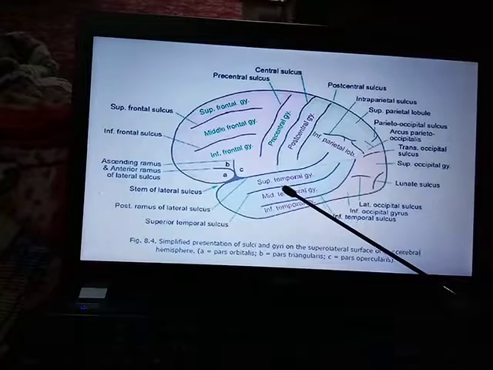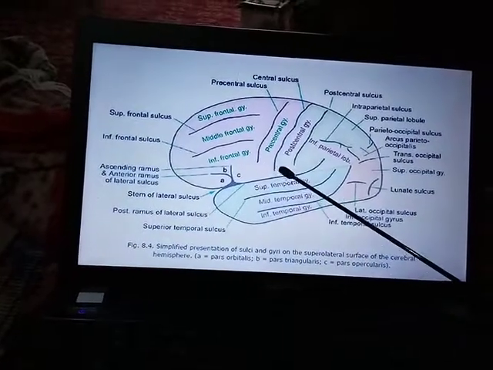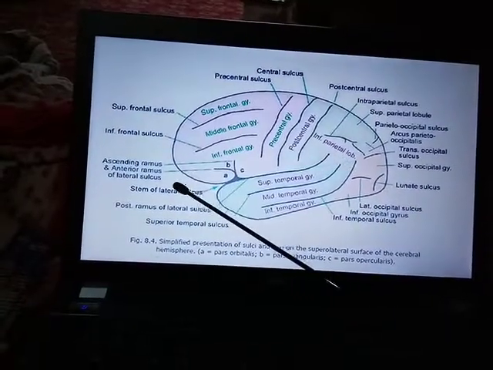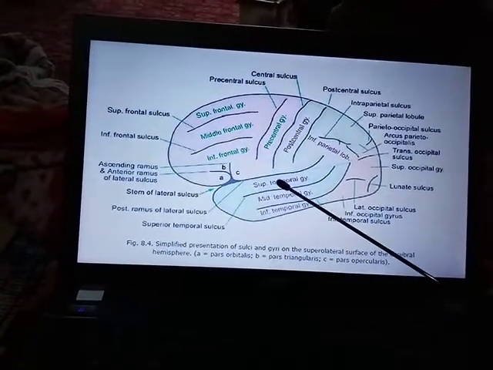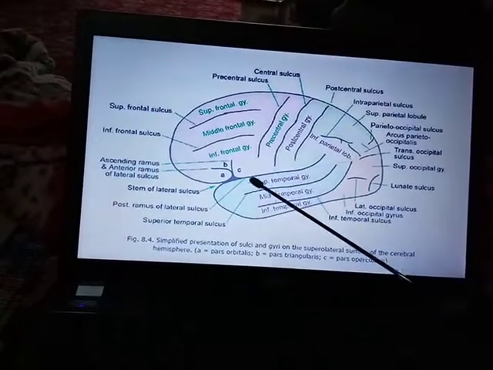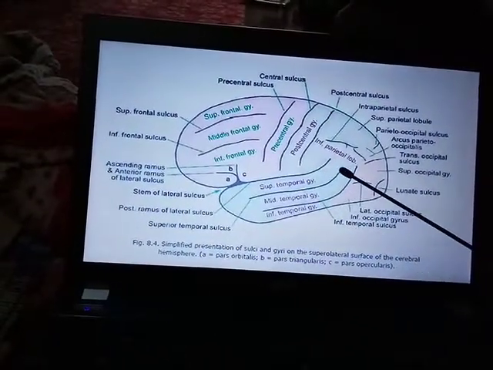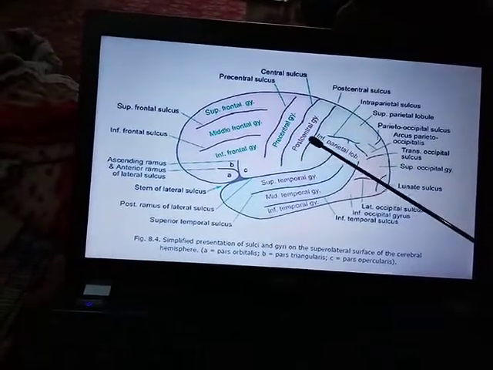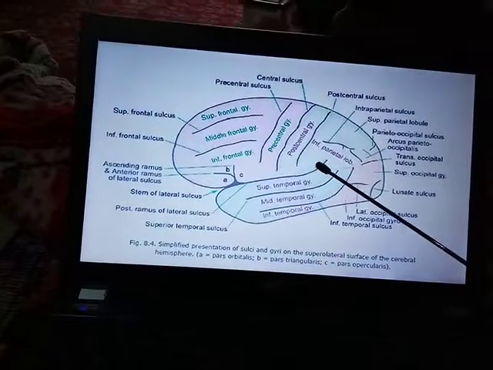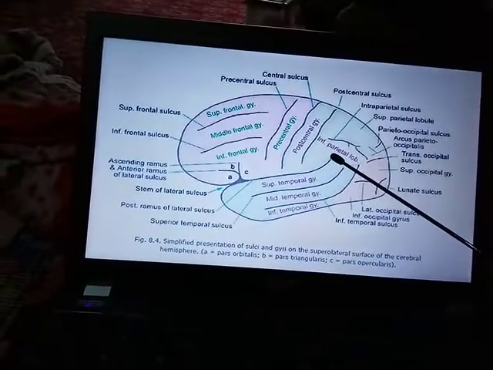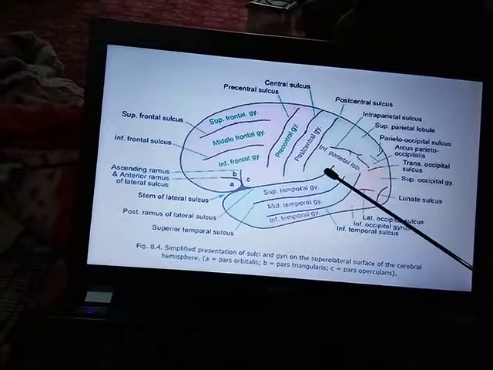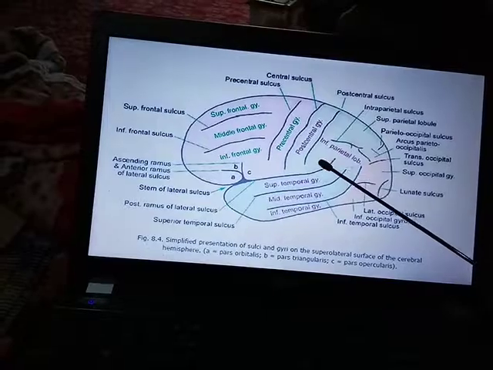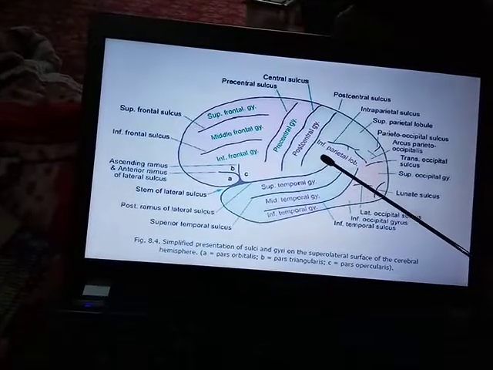Then in the temporal lobe we have the superior temporal sulcus and the inferior temporal sulcus, separating the three gyri: superior, middle, and inferior temporal gyri. Then the posterior limb of the lateral sulcus covers the superior temporal gyrus superiorly. All these three sulci end posteriorly in the inferior parietal lobule, and the area of the inferior parietal lobule overlying the posterior limb of the lateral sulcus is called the supramarginal gyrus.